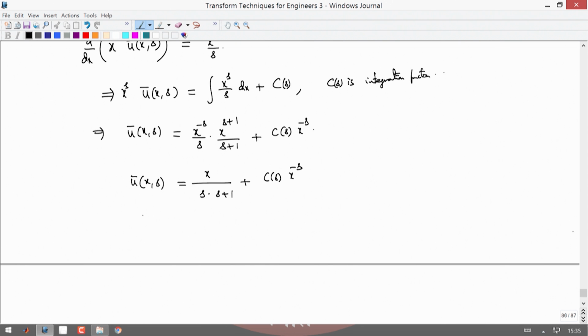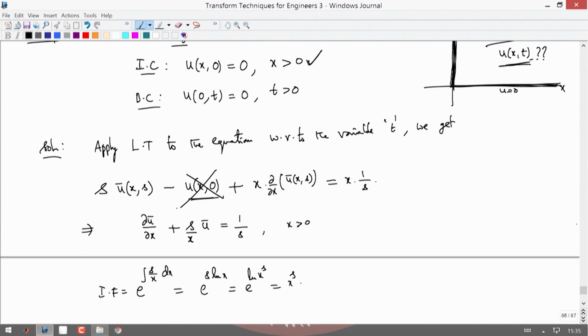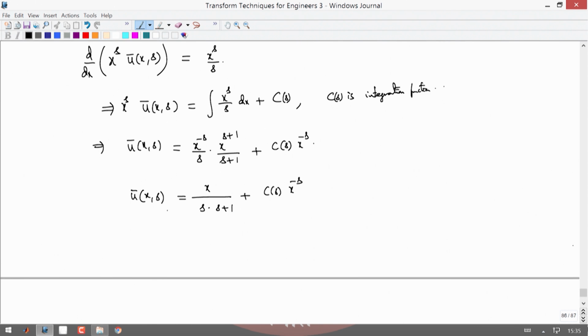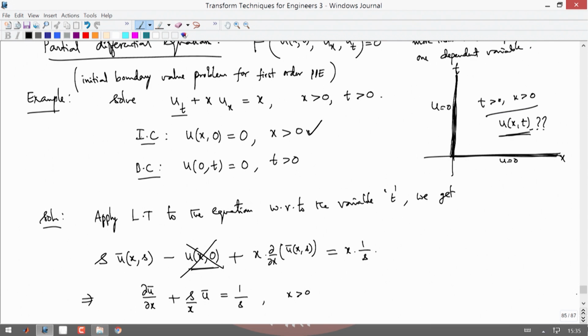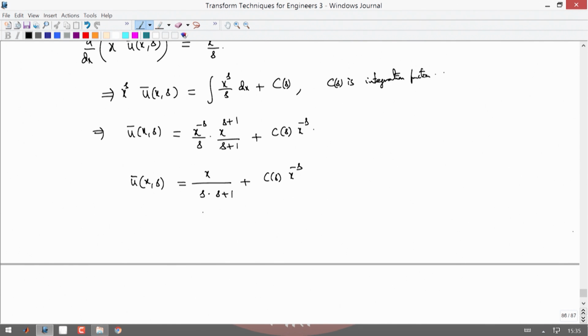Now, you can use your other boundary condition. You have used the initial condition; now you can use the boundary condition, u at 0, t, which is 0. This implies you can apply the Laplace transform to this t variable for t positive. So, this becomes 0 in s as well, because the Laplace transform of 0 is 0.